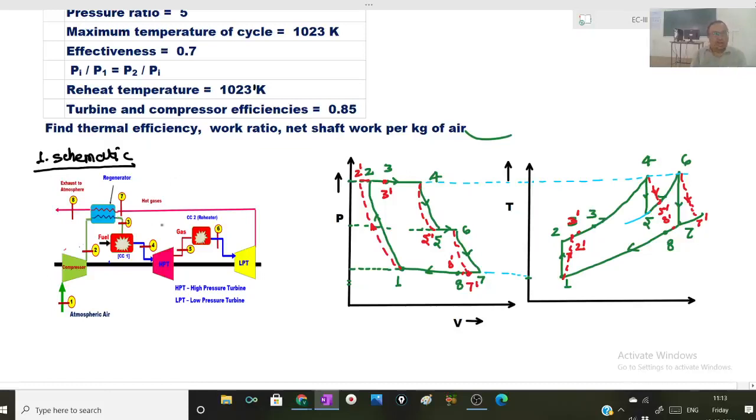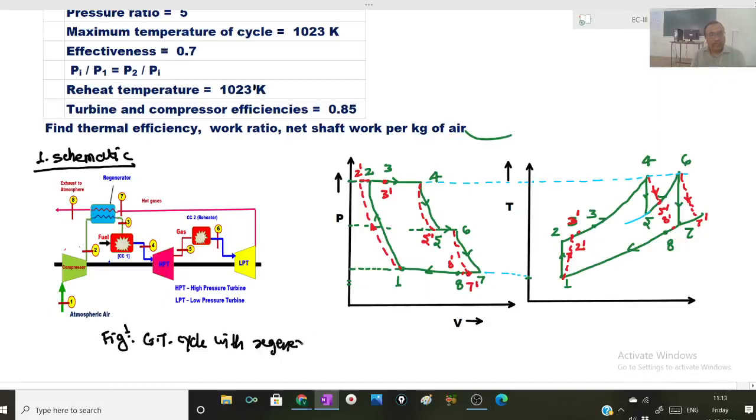Now, the gas turbine cycle with regeneration and reheat is shown in figure 1. Its schematic is shown in figure 1.